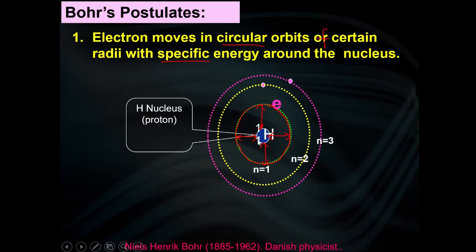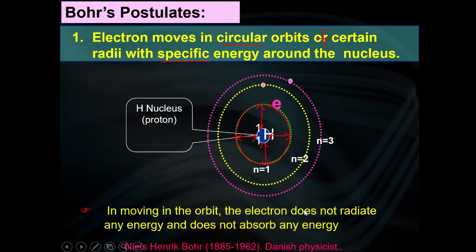As we know, a circle has the same radius. So as long as the electron is in the same shell or the same energy level, it will have the same energy, despite its position.